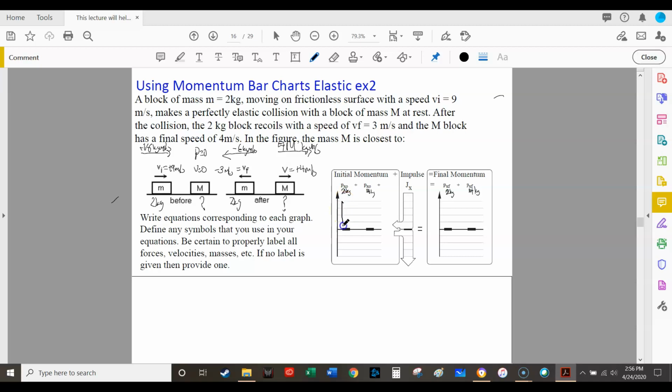So I'm going to call 4 blocks as 18. The reason why I gave it 4 blocks is 18 is because 6 is divisible by that. So if the total momentum is 18 here, it's going to be 18 here total. And then after the impact, this guy is going to have a negative 6. Actually, I should have used only 3 blocks.